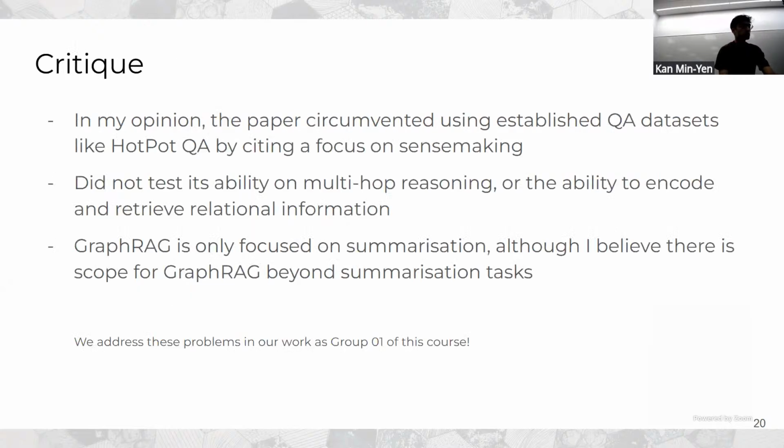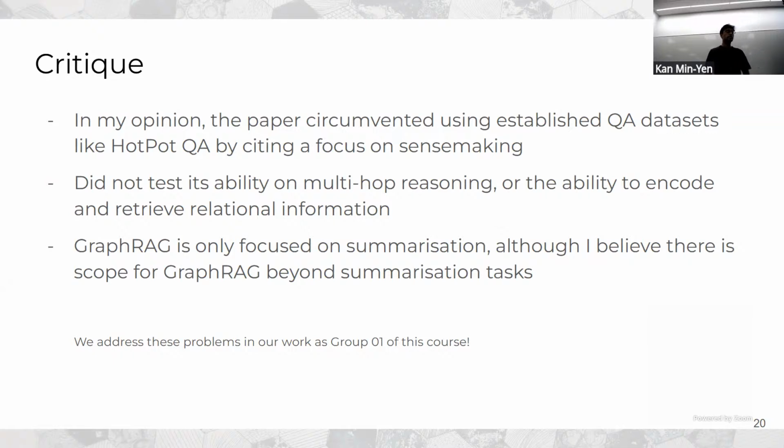To critique this paper a little, in my opinion, they circumvented using established QA datasets like HotpotQA by citing a focus on sense making. They said we're not going to focus on the multi-hop kind of queries that we might have.